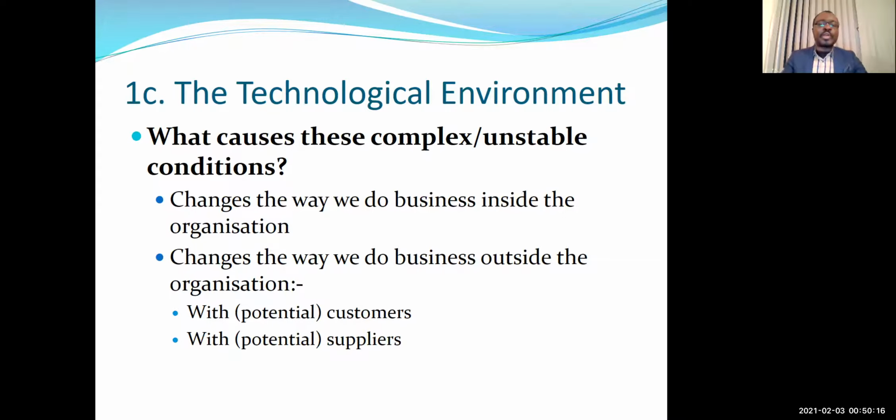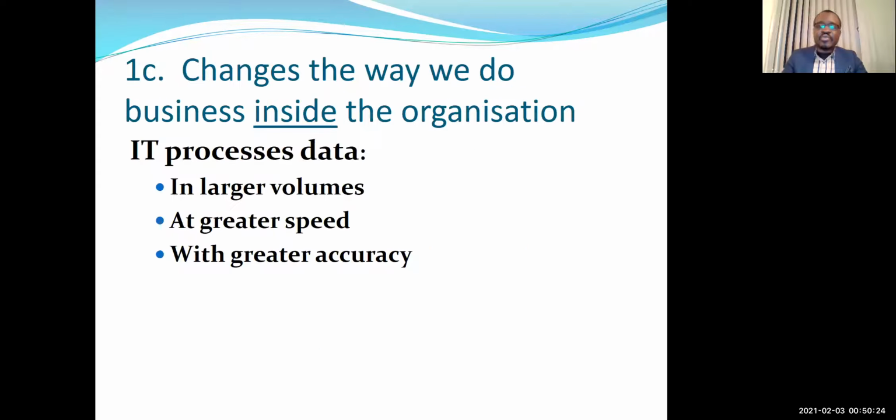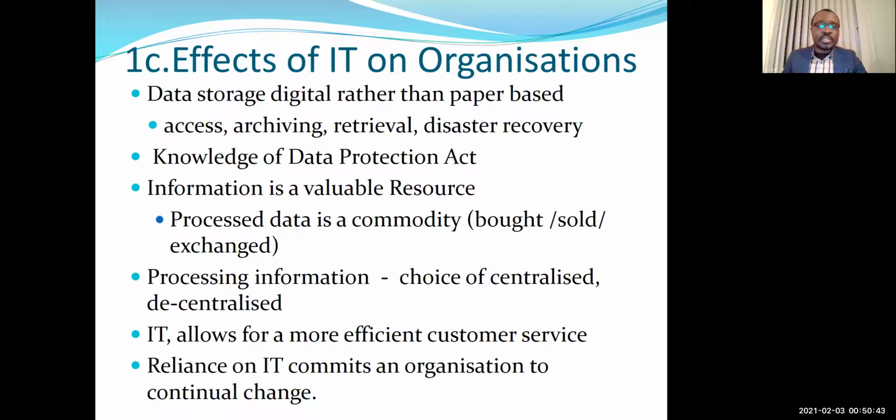So it's always important that we manage the technology, try to see how they are changing so that we can also change as a business. Otherwise, we will not keep up with competition, and it will cause great havoc to the going concern prospects of the organization. So look at the IT data processes, whether we have to process in large volumes at greater speed and with greater accuracy so that competition can be to our advantage.